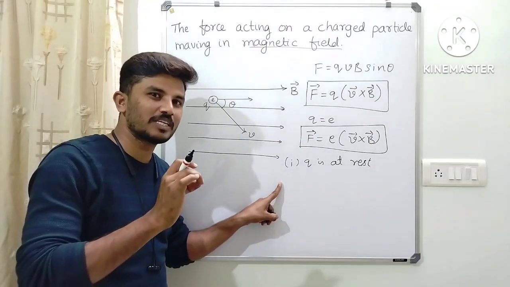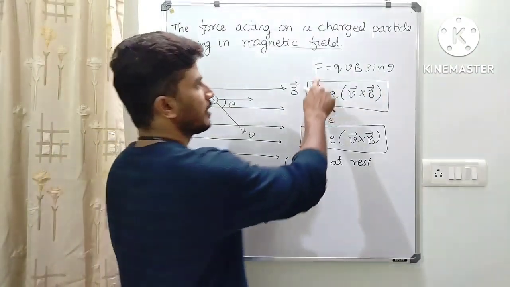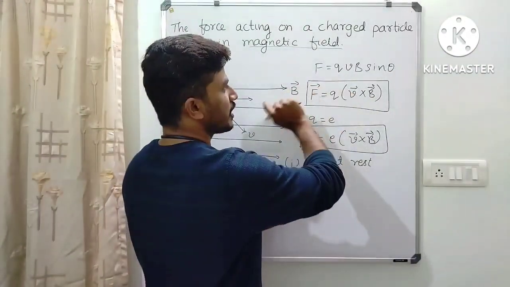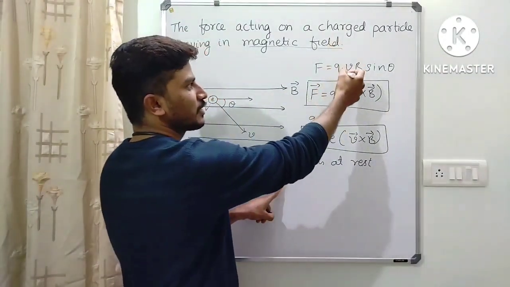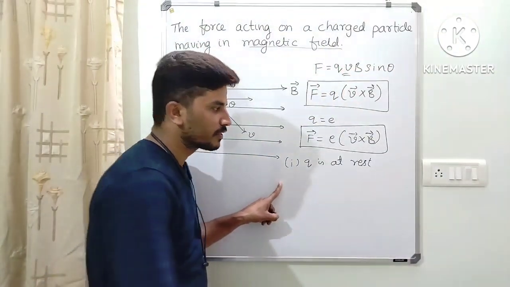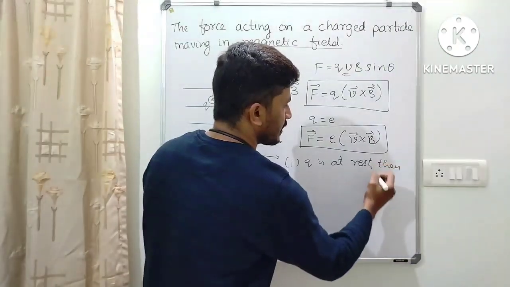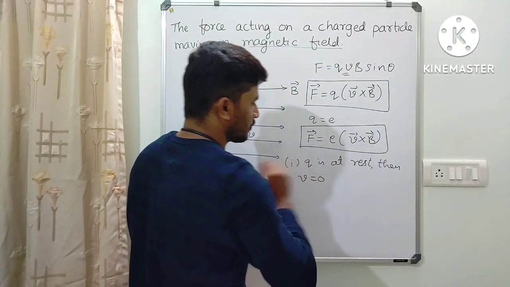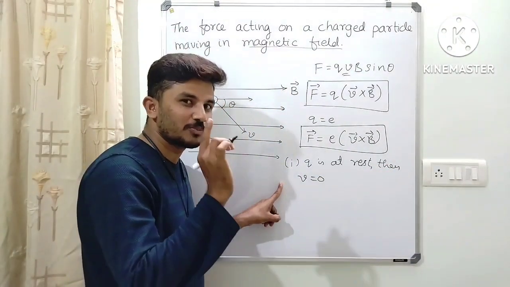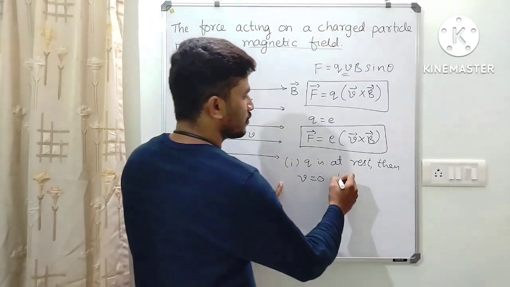What will the force experienced by the charged particle? F is equal to Q into V cross B. If charge is at rest, velocity becomes 0. So the force experienced by the charged particle will also be 0.